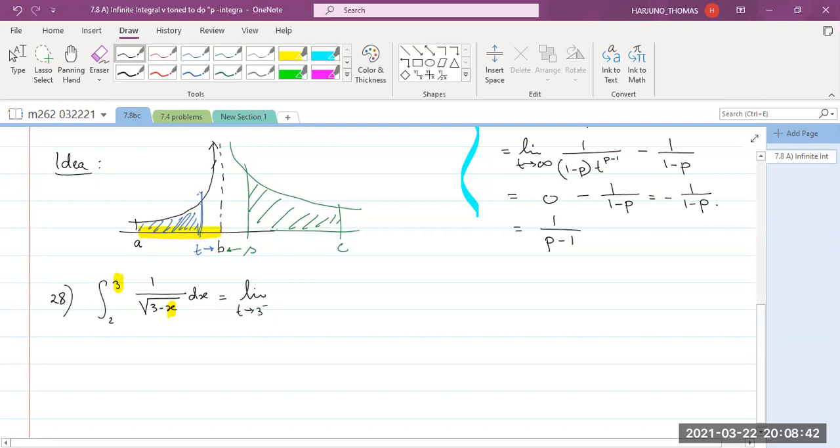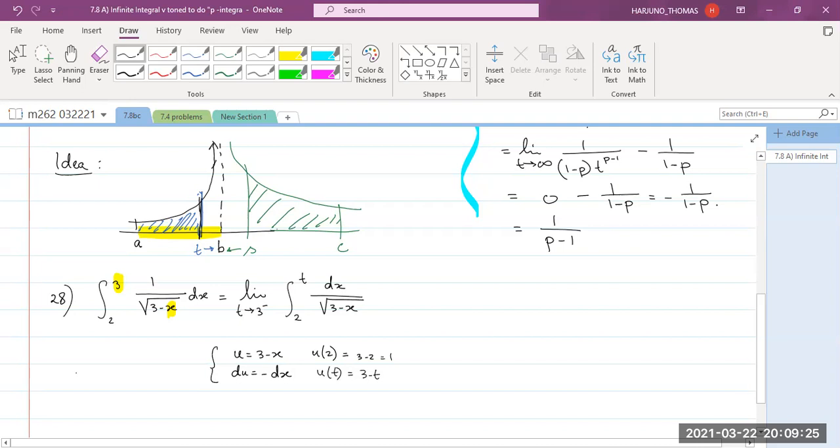Okay, so you take a t which is less than 3, and then you approach that t to 3 from below. Integral from 2 to t of dx over square root of 3 minus x. Then we integrate that as usual. Substitution u equals 3 minus x, so du is negative dx, right? u at 2 will be 3 minus 2, that's 1. u at t will be 3 minus t.